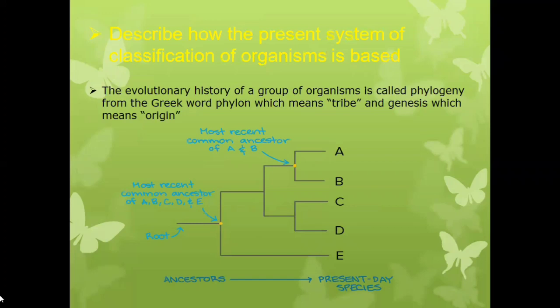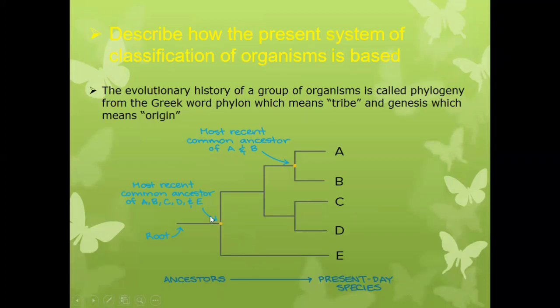So, meron po tayong example po dito ng phylogenetic tree. This is just a representation. Nandito po yung root, the ancestors, and here is the present day or present species. Okay?